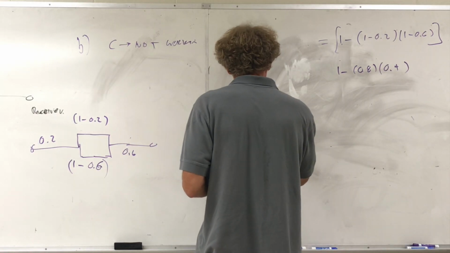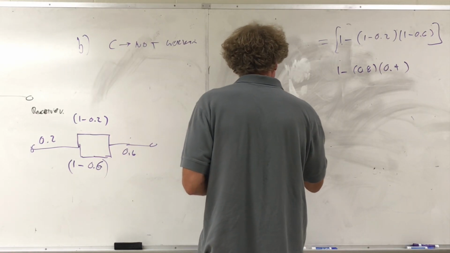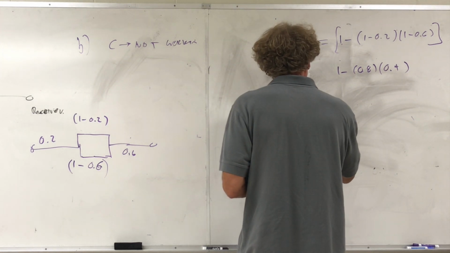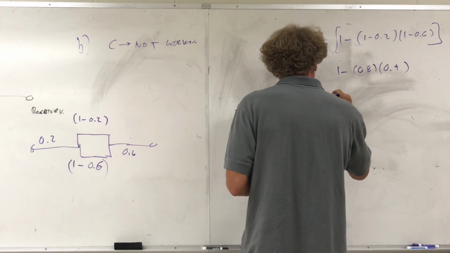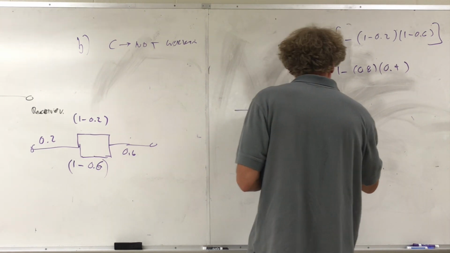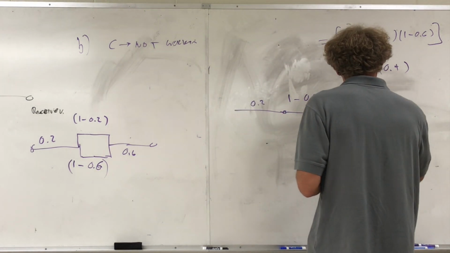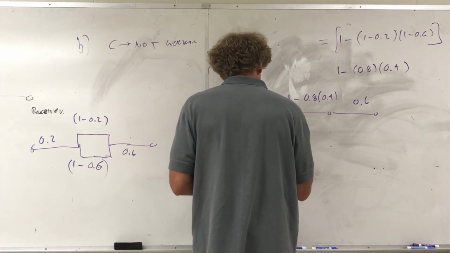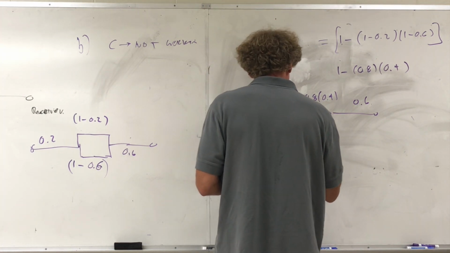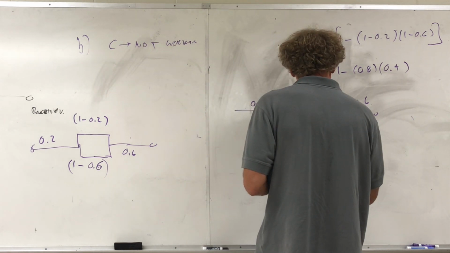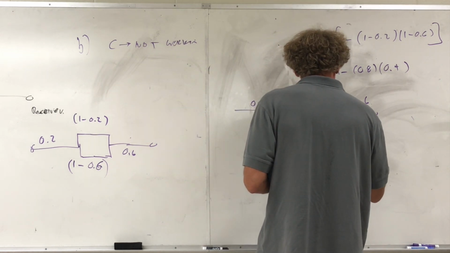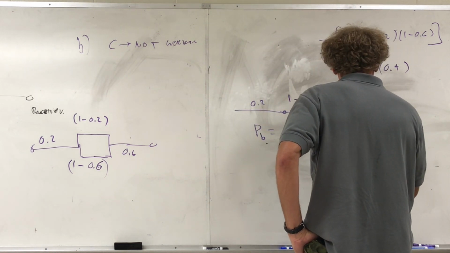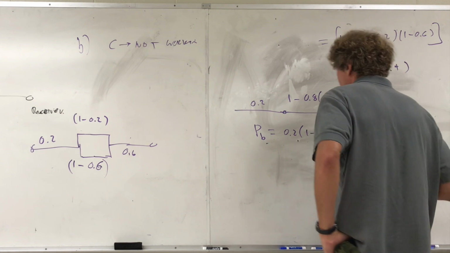So I have 0.2, and then I have a series length from here to here of 1 minus 0.8 times 0.4 probability of working. And then I have 0.6. So the probability of this system working is going to be 0.2 times 1 minus 0.8 times 0.4, 0.32, and then times 0.6. And what's that value?